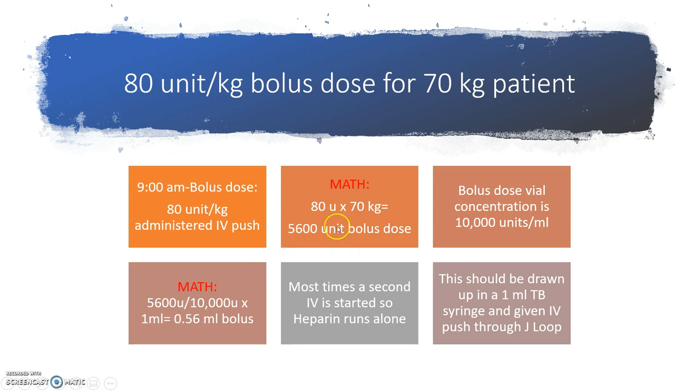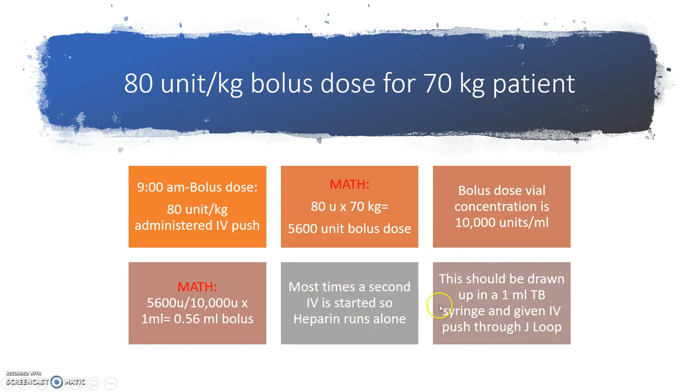So to do the math, our desire here is 5,600 units. Our have is 10,000 units per our route of 1 milliliter. So you do the math, 5,600 divided by 10,000 times 1, you get 0.56 milliliter bolus dose.